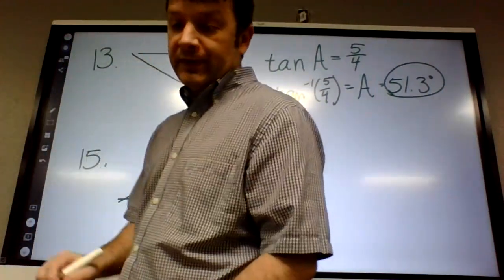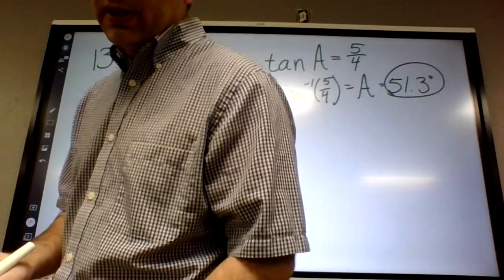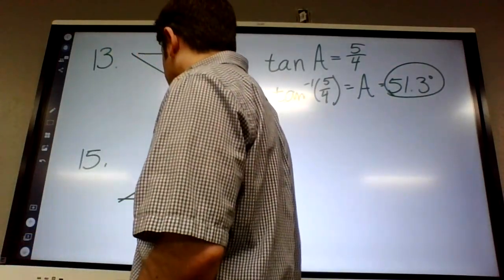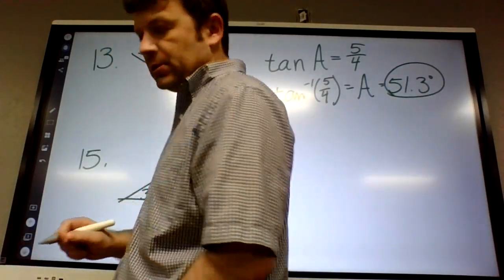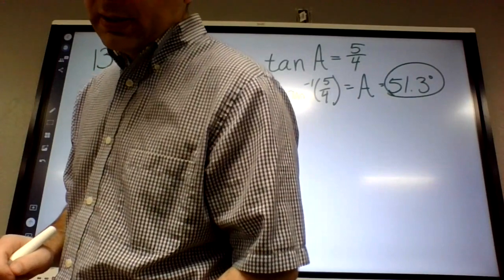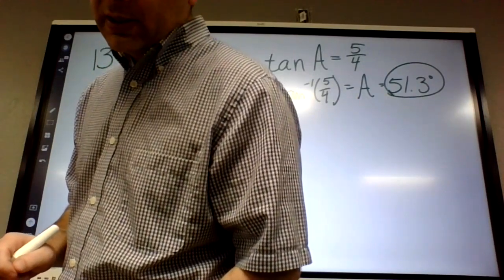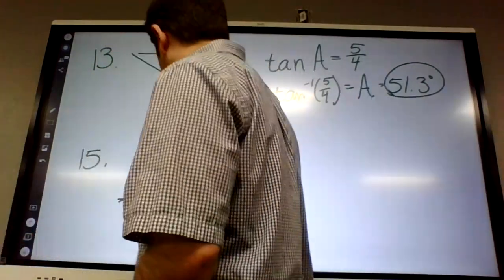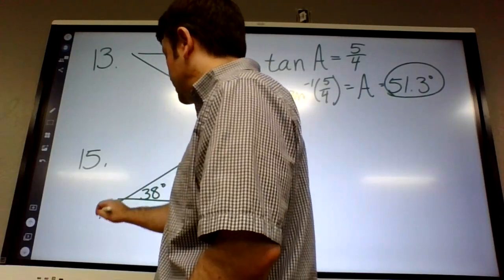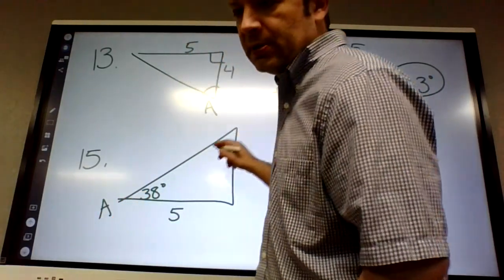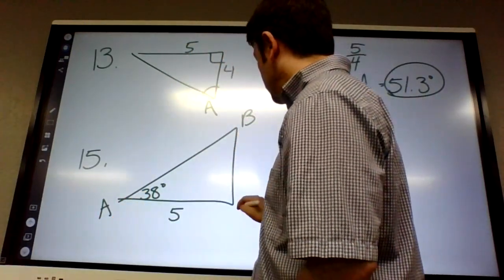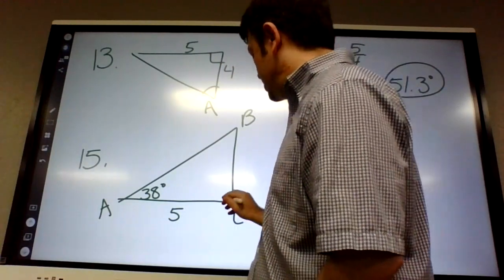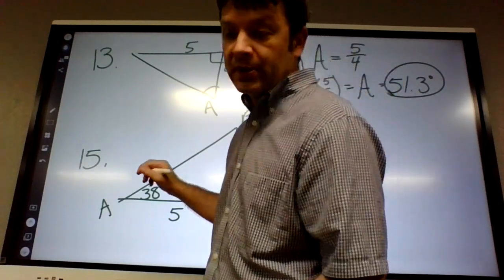So over on 15 it says angle A is 38 degrees and side B is 5. That's all it tells us. So how many missing parts do we have here?